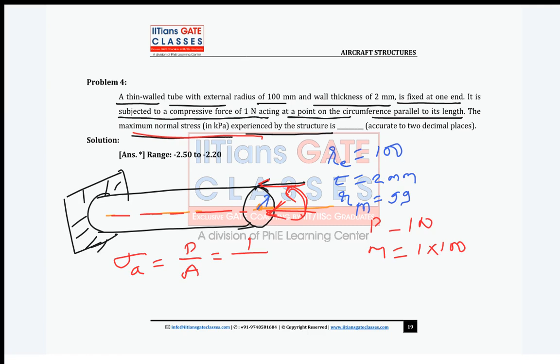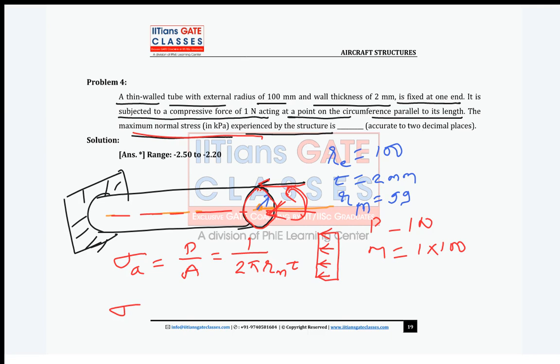What is the area of this ring? It will be 2 pi r mean into thickness, right? And the nature is what? Compressive. So compressive means I am drawing like this.